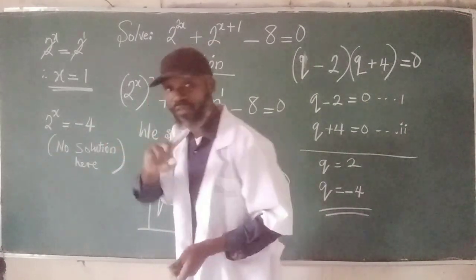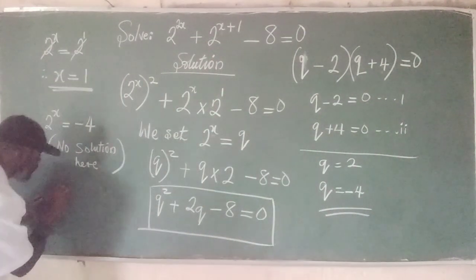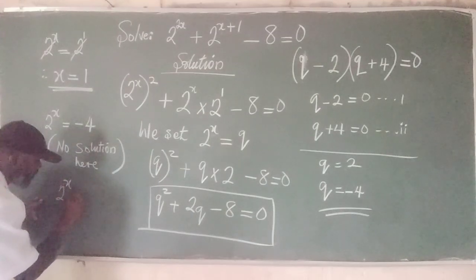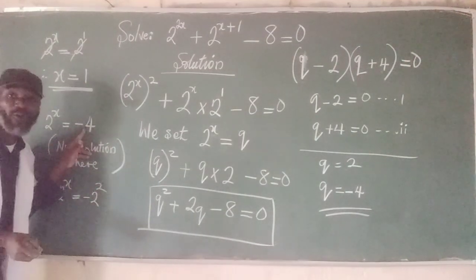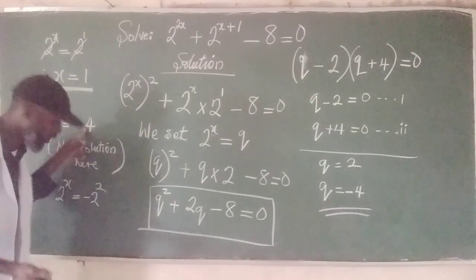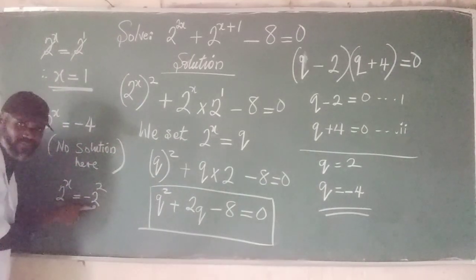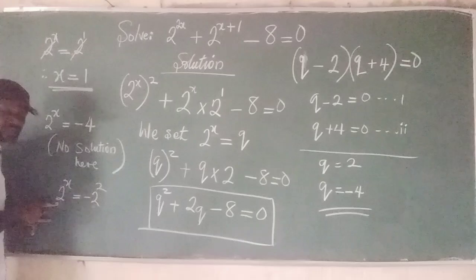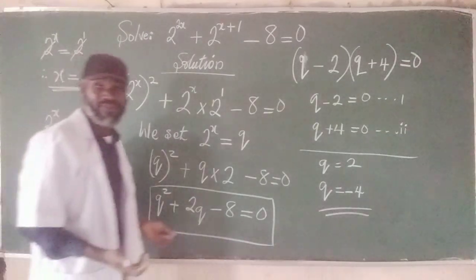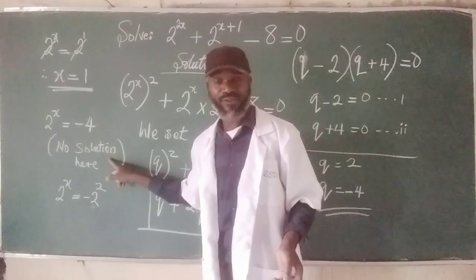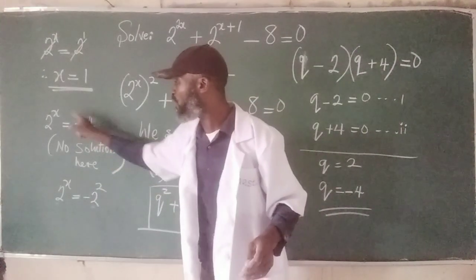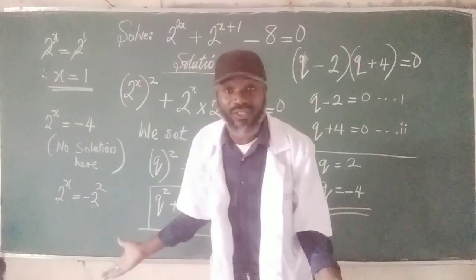So even if I go further, doing this, 2 to the power X minus, base 2 raised to power 2 to get this minus 4, I may be wrong because the base is minus and this base is not minus, so they cannot cancel out. That is why there is no solution. So take notes. The second value of X does not exist.